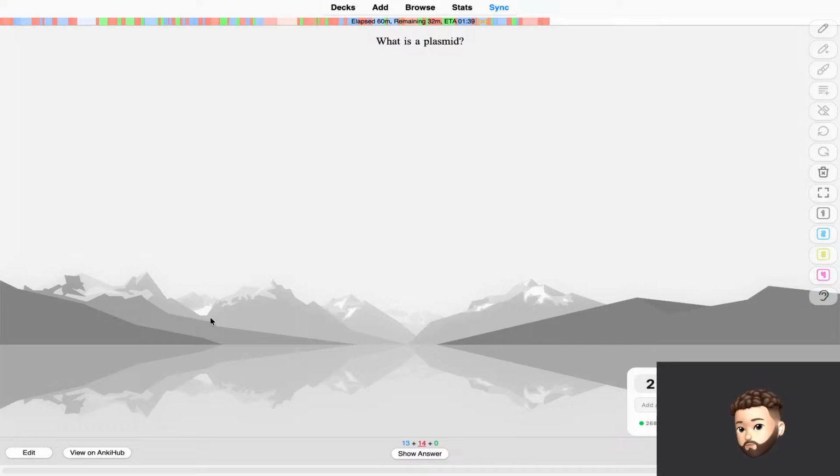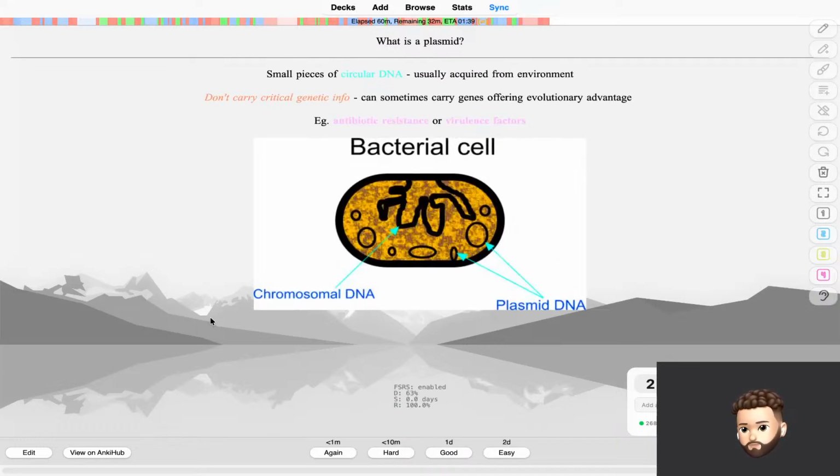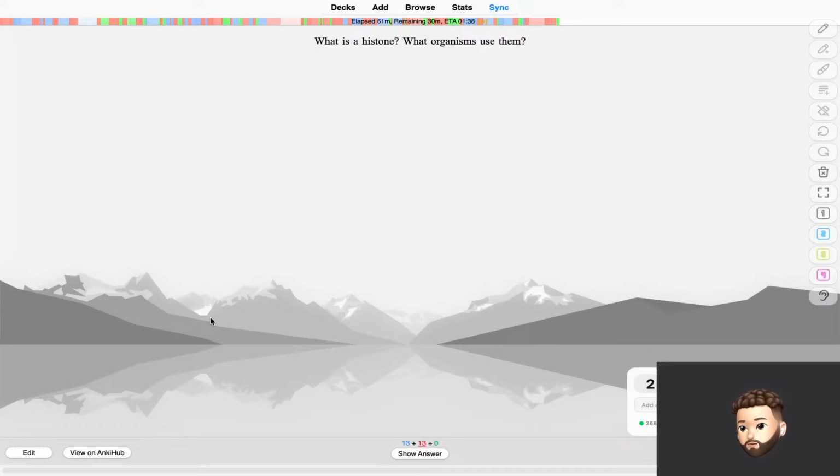What is a plasmid? A plasmid is a piece of small circular DNA that does not contain critical information but might provide an evolutionary advantage. What is a histone? Proteins in the nucleus around which DNA winds itself to organize.